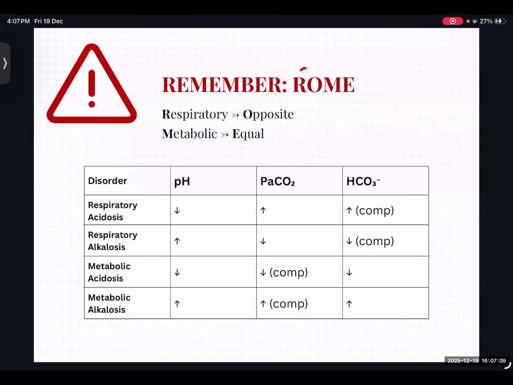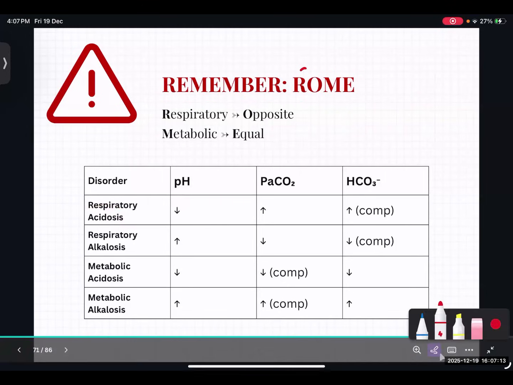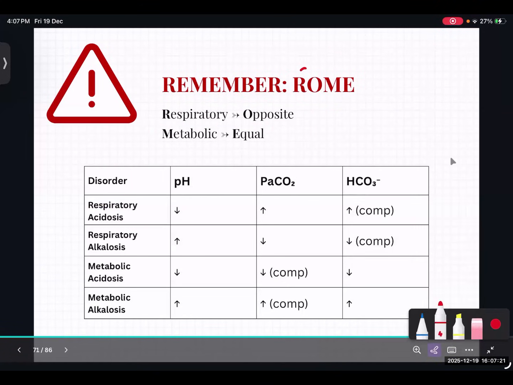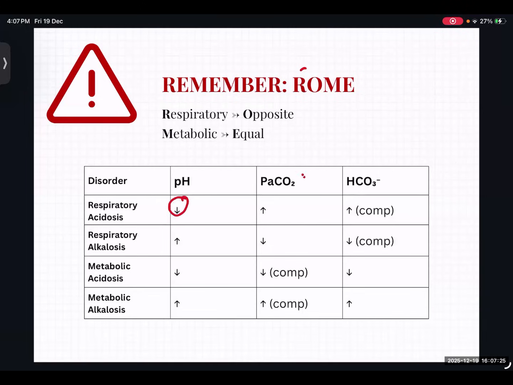Low pH. Low pH means, according to ROME, decreased pH, increased CO2. You see how they're opposite? pH and CO2, very opposite.